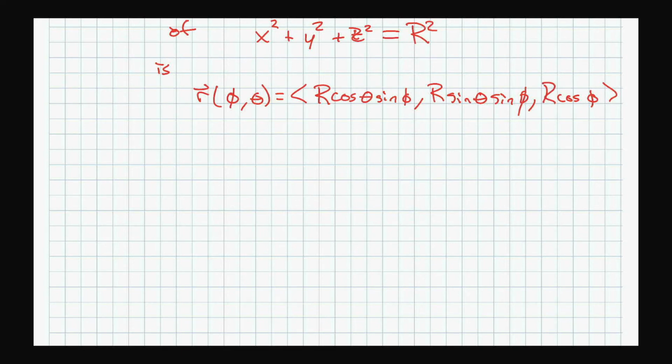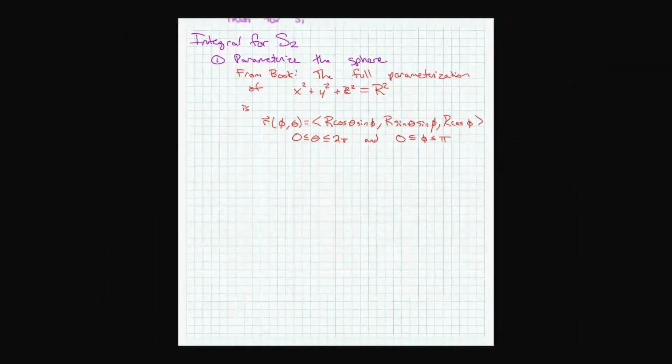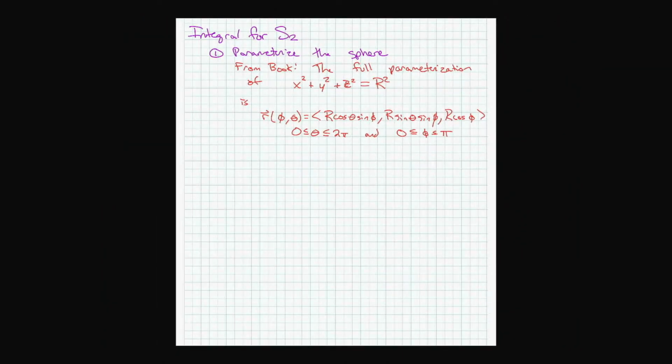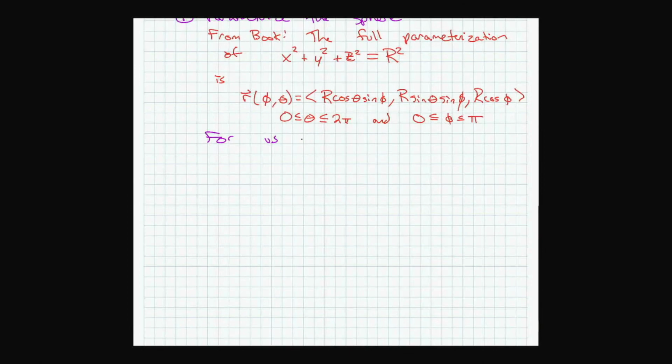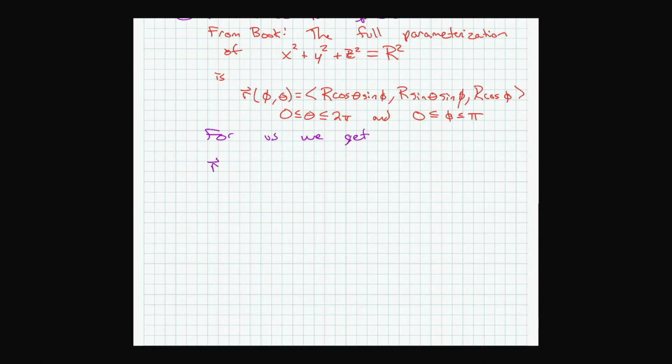Okay, and then this is going to be for theta between 0 and 2 pi. And because, again, this is like spherical coordinates, the angle phi is going to be between 0 and pi. That's the whole sphere. For us, we're going to redo the same thing.